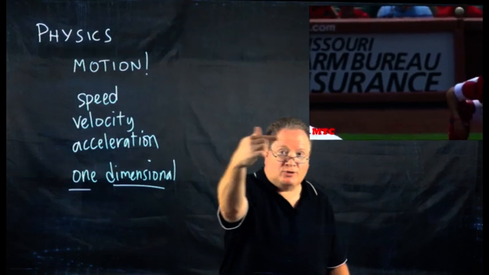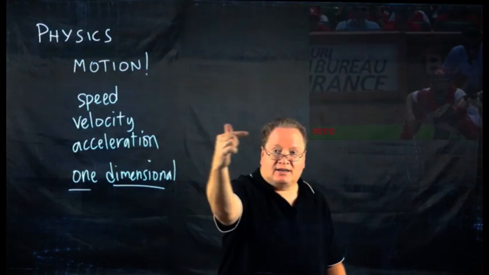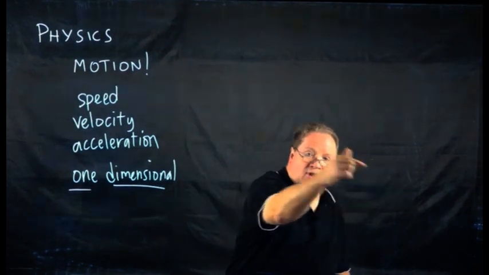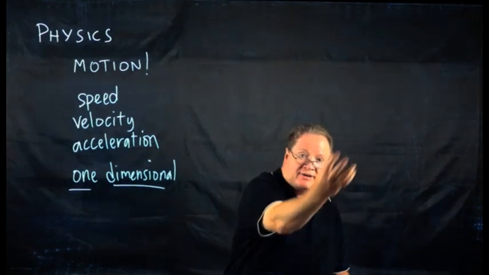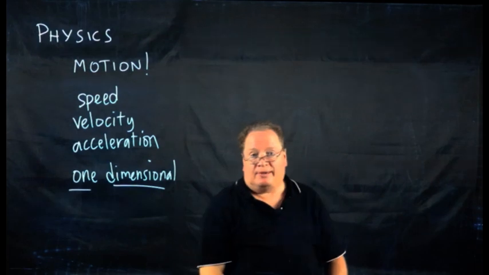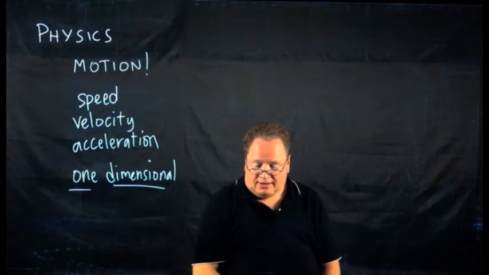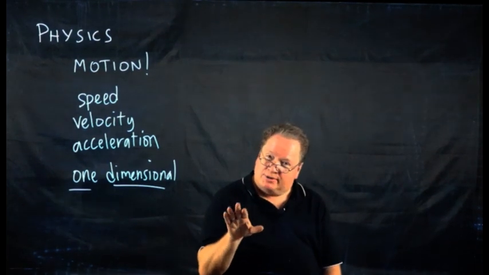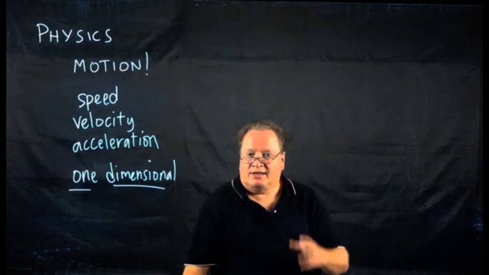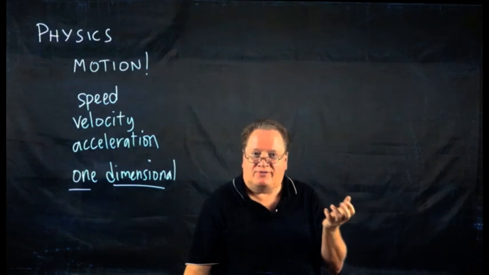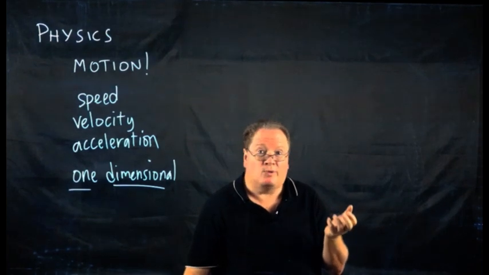No baseball moves in a straight line. It's going to move in a shape that we call a parabola. So it's going to dip down as it goes because gravity continues to pull it the whole time. Okay? So what you see here, one-dimensional motion, not real common, but we're going to start with it because it allows us to build a strong foundation in terms of the way that motion works.